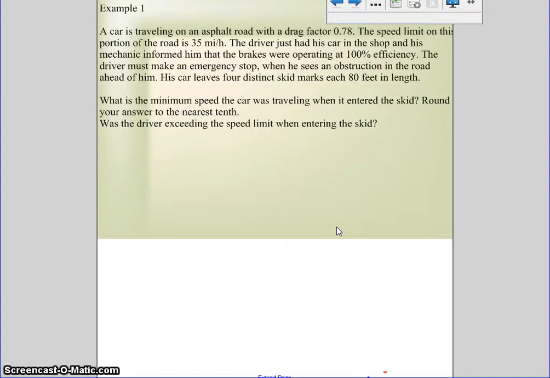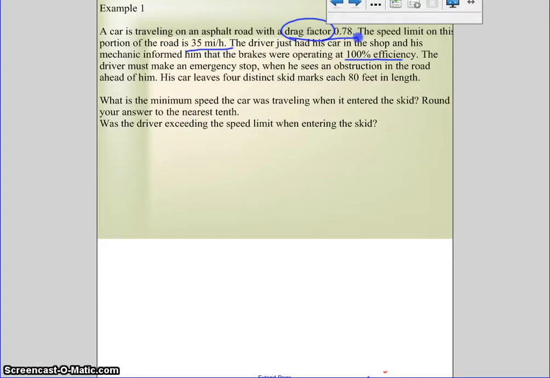Example 1 says a car is traveling on an asphalt road with a drag factor of 0.78. Again, that would be a vocabulary word hopefully you're familiar with. The speed limit on this portion of the road is 35 miles per hour. The driver just had his car in the shop and his mechanic informed him that the brakes were operating at 100% efficiency.